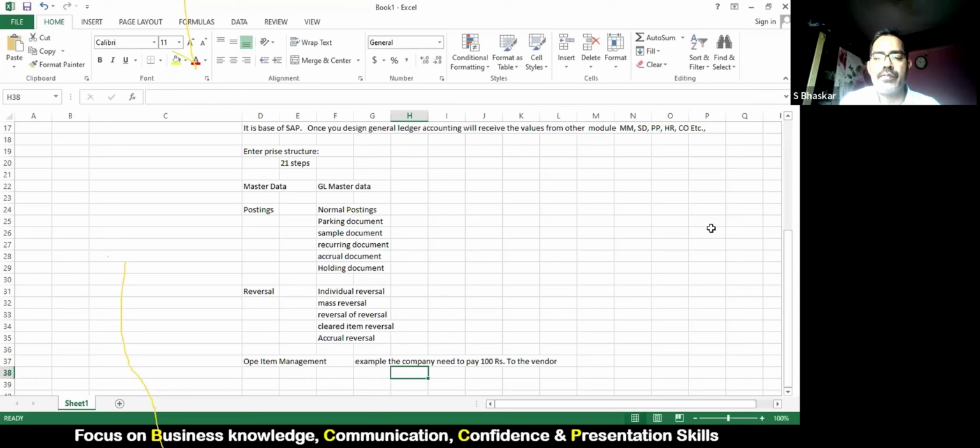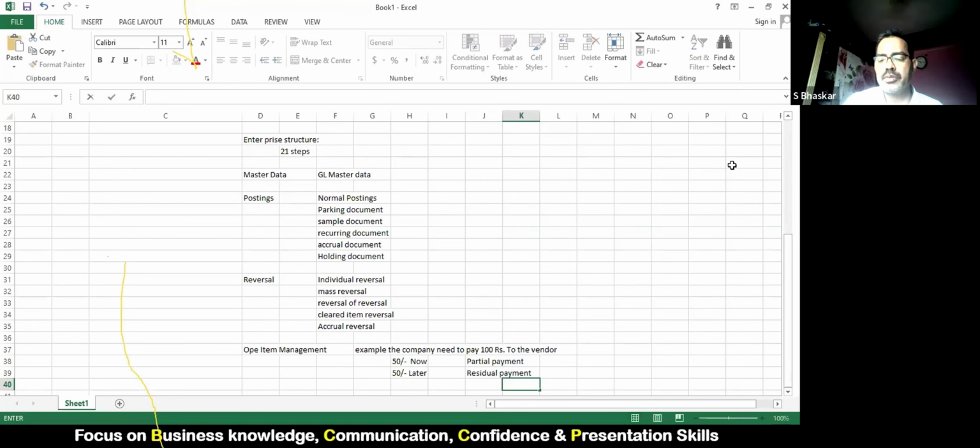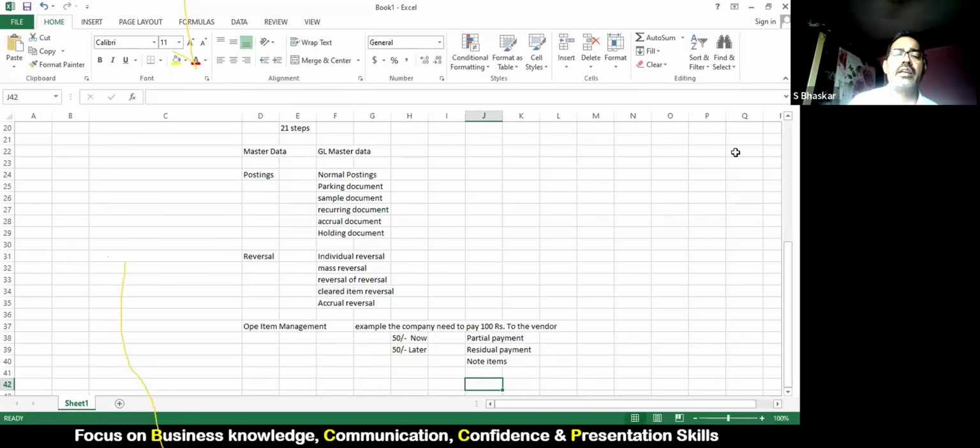You want to pay 50 rupees now, and 50 rupees later. So this is nothing but partial payment. There is a concept called partial payment, residual payment. There is a concept called noted items. Everything we can address in the open item management concept.